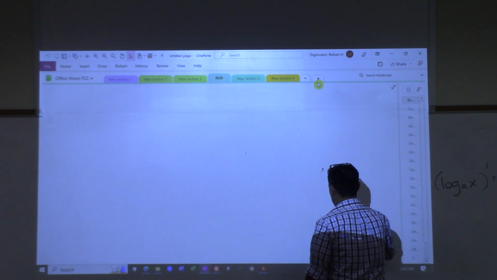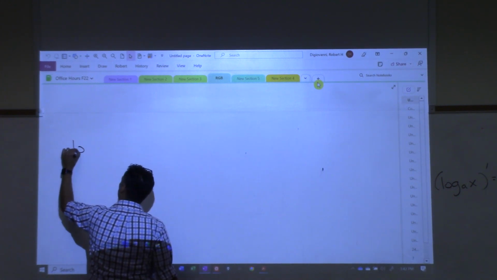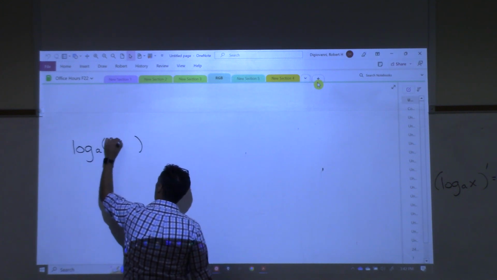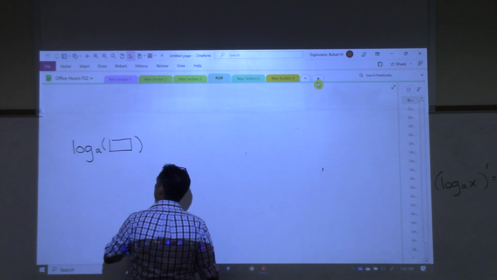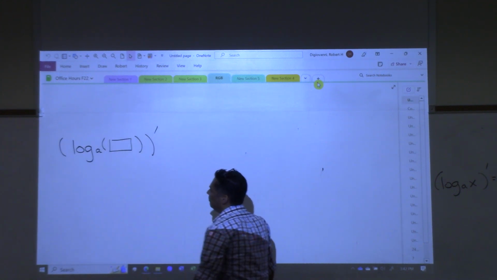Here's the way I think you should think about it. Let's say that you have log base A, and inside of it you have some box. Who cares what it is? And you want the derivative.